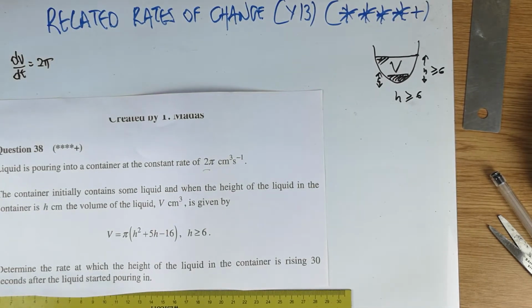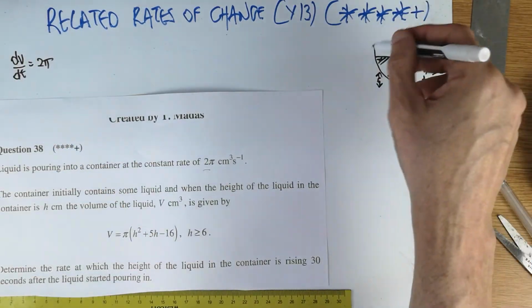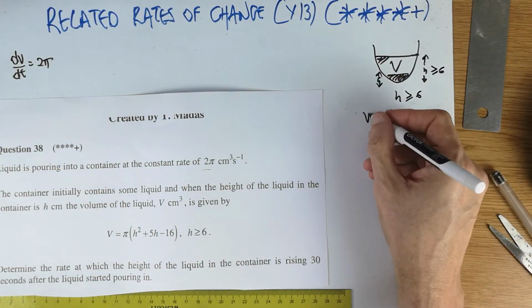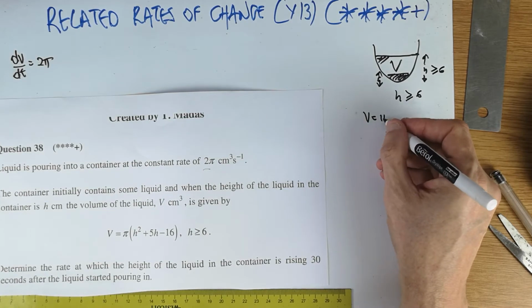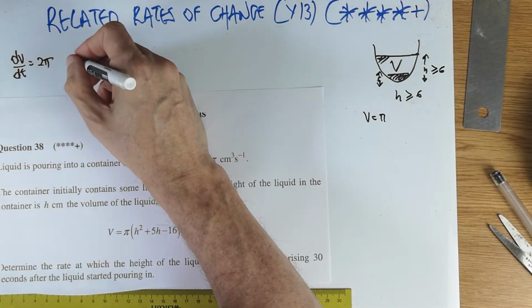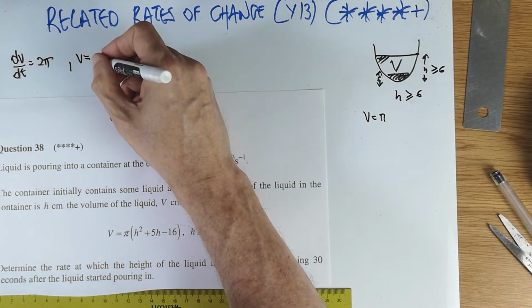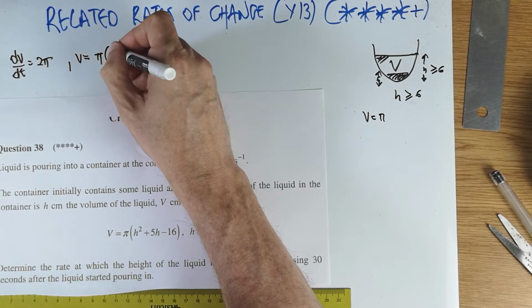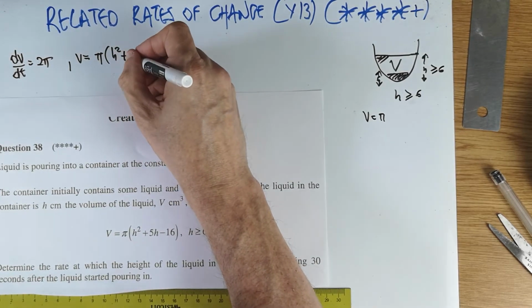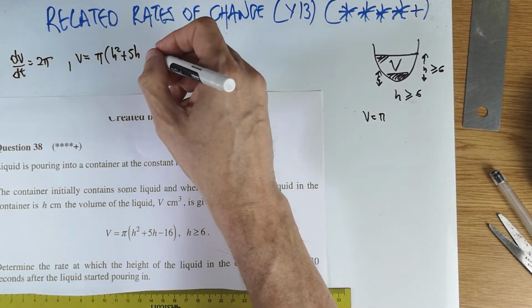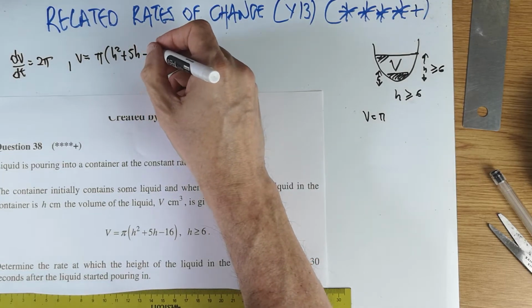And what are we being asked? This is given information. Volume is pi times the expression given, and from this formula we can find how much water in volume was in there. We just need to plug in H equal to 6.